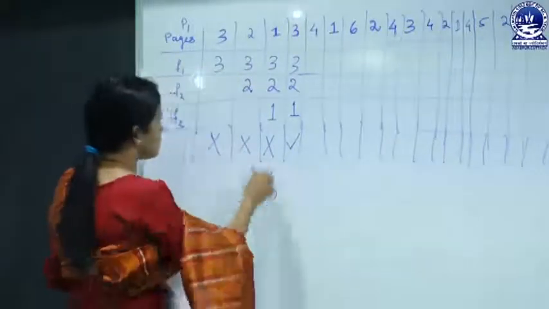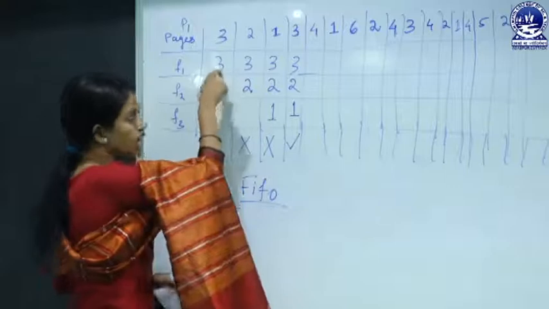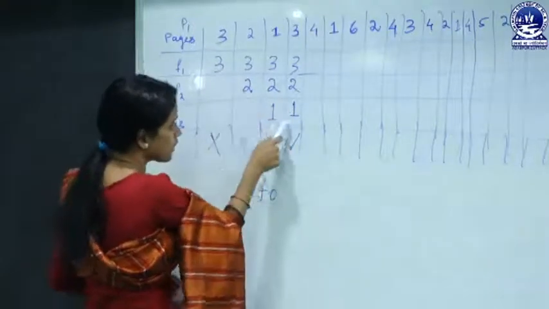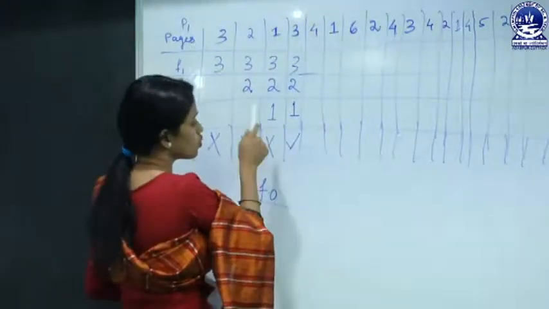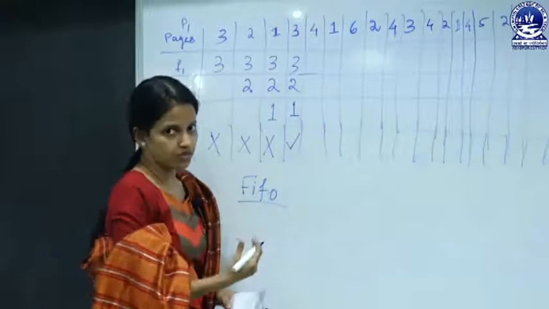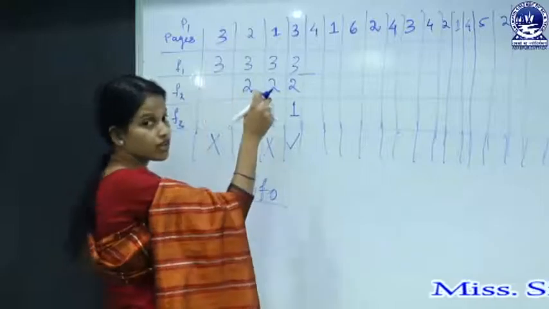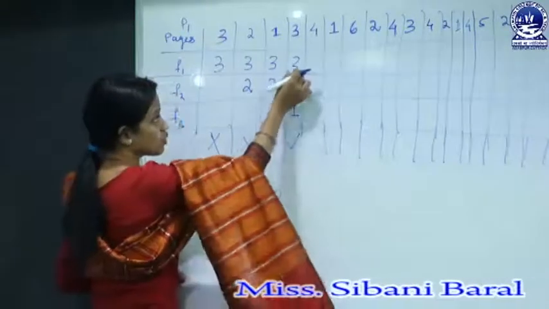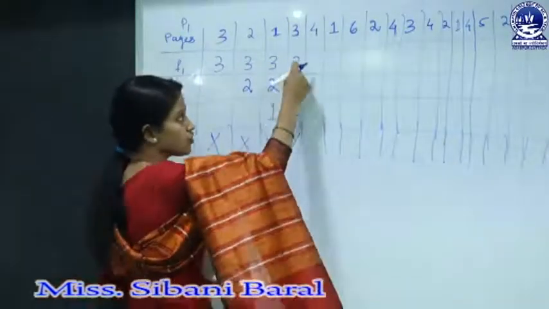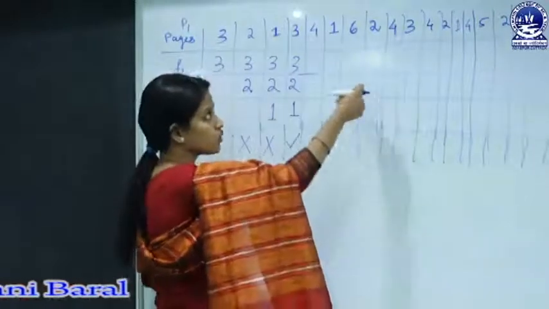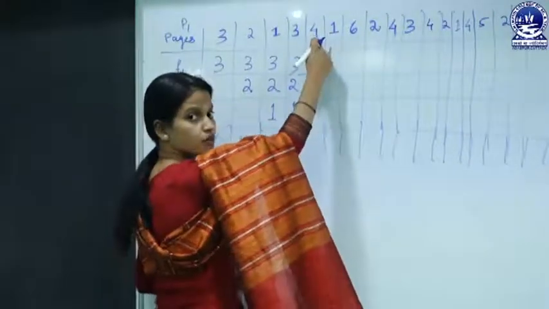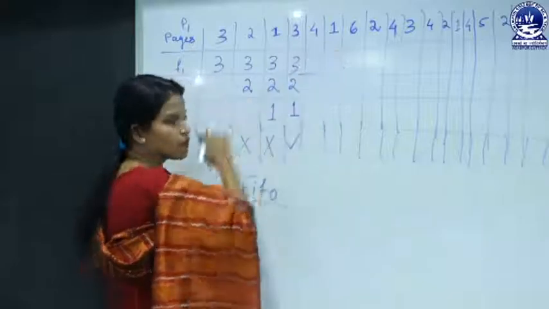See, 3 came in first, then 2, then 1. So which page has been there the longest? The oldest, see, 3. So we swap out 3 to the secondary memory, and swap in the new page 4 to the main memory.